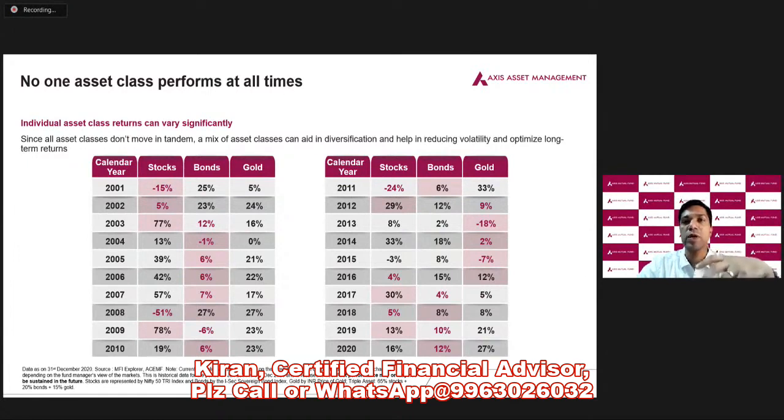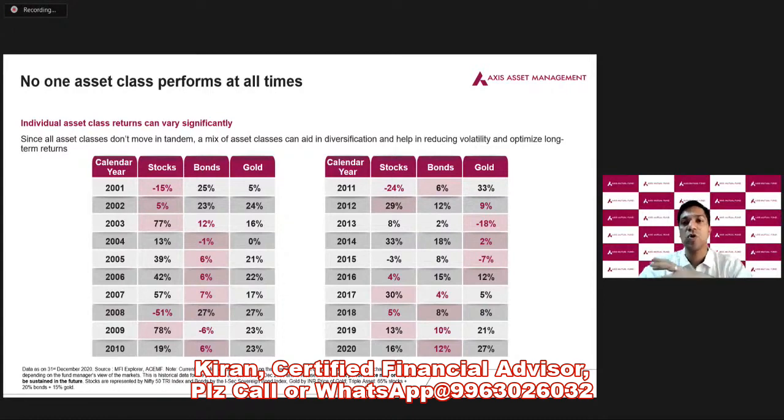Within the equity market you could have different stocks and different sectors, but they tend to follow a common cycle. Whether you buy a stock from a particular sector or another sector, if the market goes through a correction, these stocks will also react. If the market is going through a good cycle, typically they do well. So they follow that broad cycle, and allocation to equities follows that particular cycle.